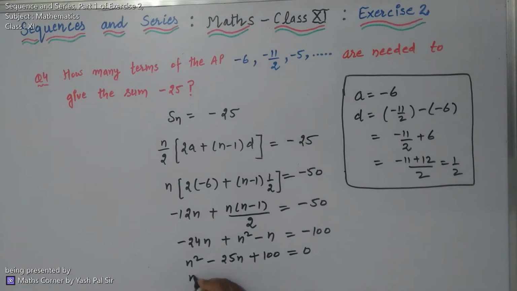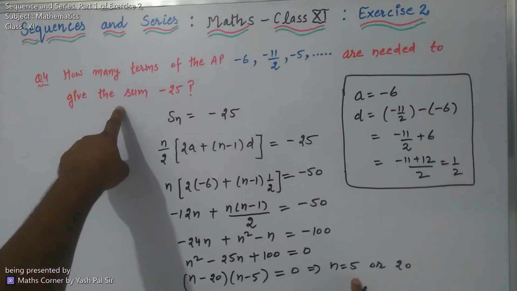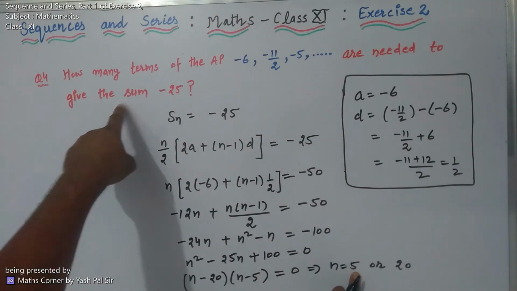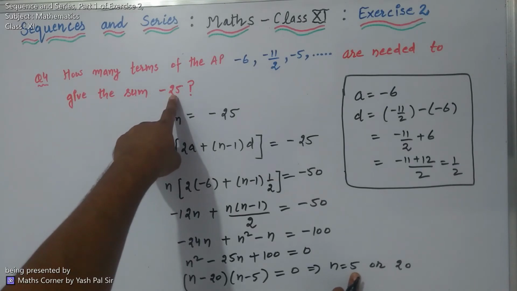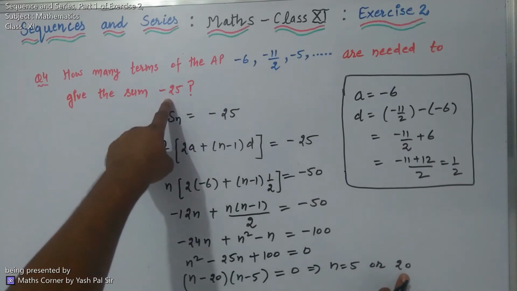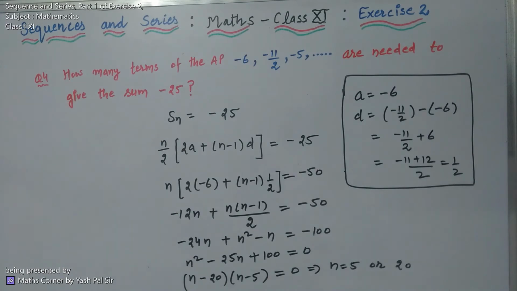So we can have the factors n minus 20 into n minus 5 is equal to 0. That means n is equal to 5 or 20. Right? So this is the required answer. When n is equal to 5 terms also give the sum minus 25. 20 terms also give the same sum equal to minus 25.